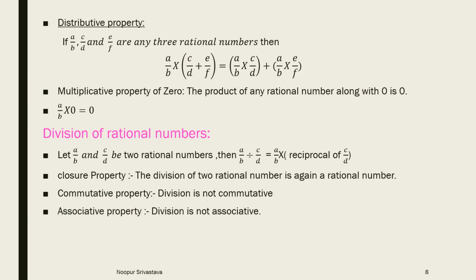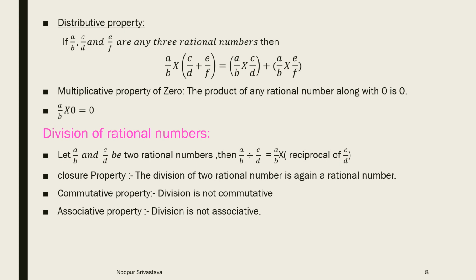Distributive property of multiplication. If A by B, C by D and E by F are any three rational numbers, then A by B into (C by D plus E by F) is equal to A by B into C by D plus A by B into E upon F. We can understand it simply: A by B into (C by D plus E by F).